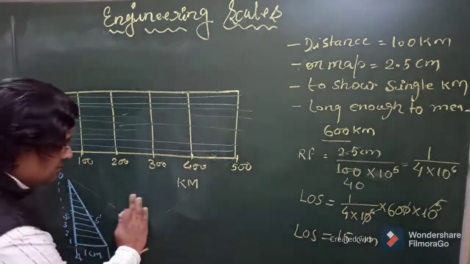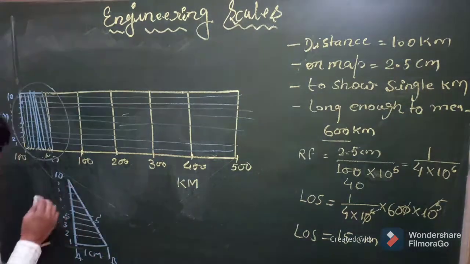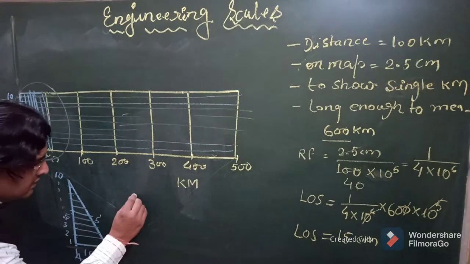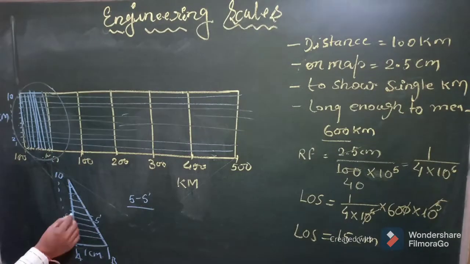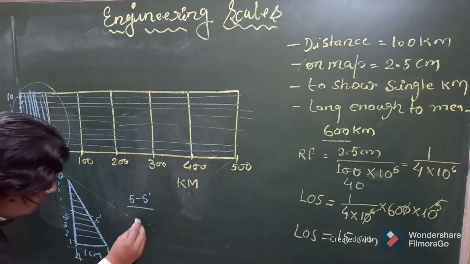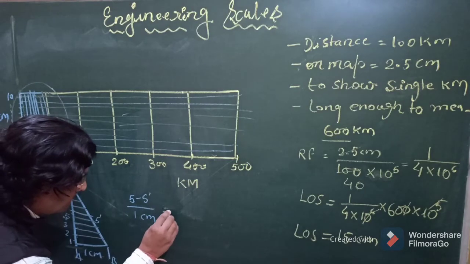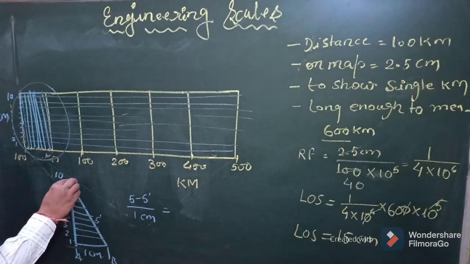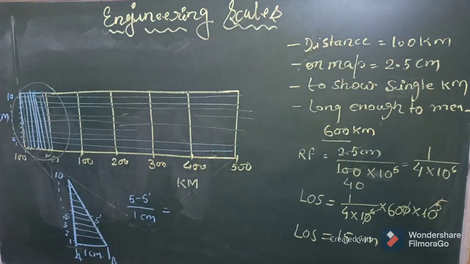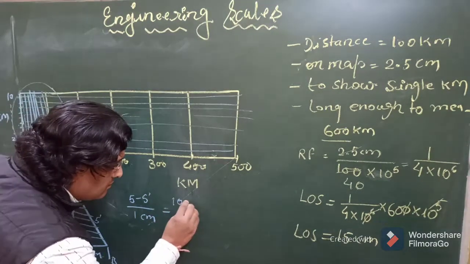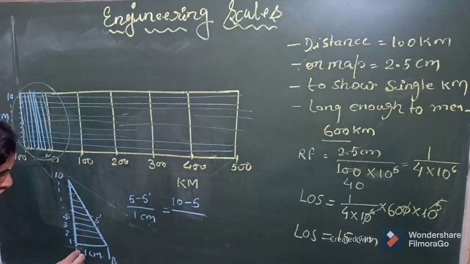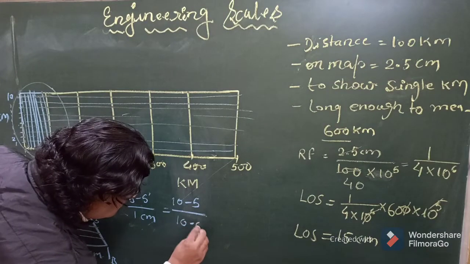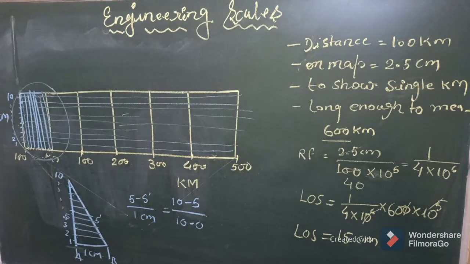So if I take this right angle triangle and write down 5 dash divided by 1 centimeter is equal to 10 to 5 divided by 10 to 0. You can write down like this.